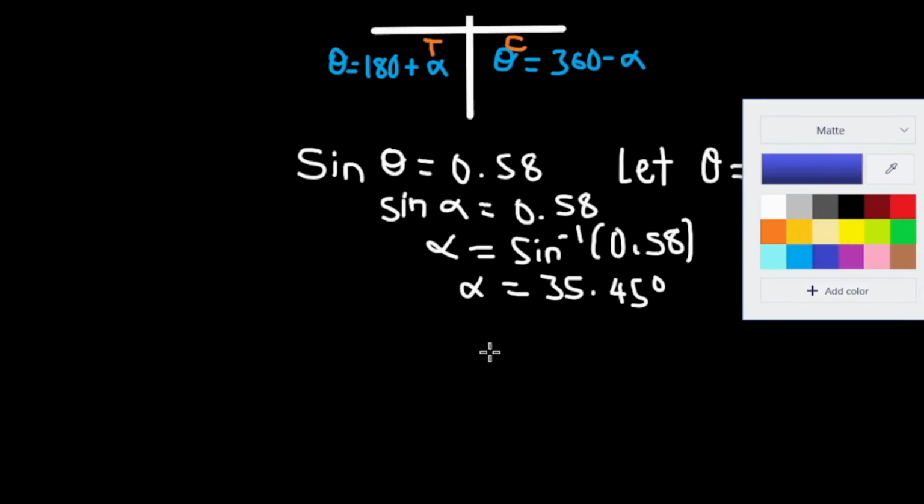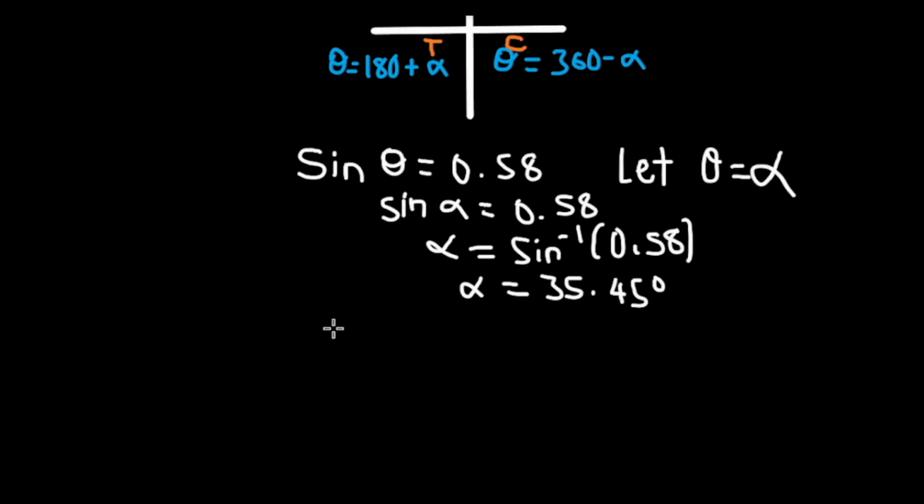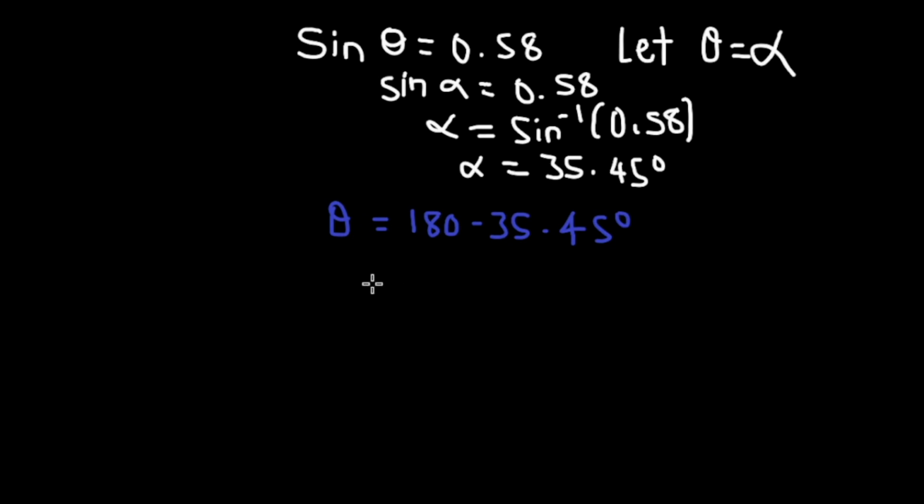So theta will be equal to 180 minus 35.45 degrees. And once I subtract, I'm going to get 144.55 degrees.